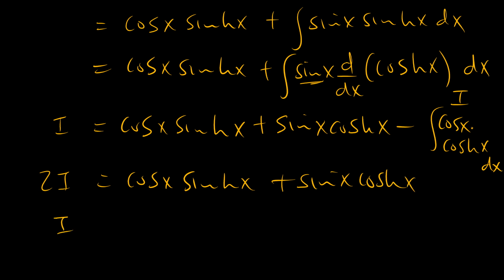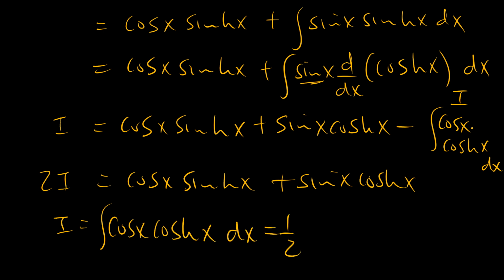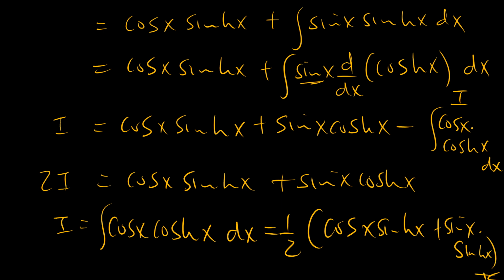Therefore I, the integral of cosine x cosh x, is equal to a half, dividing both sides by 2, of cos x sinh x plus sine x times cosh x plus the integration constant. Sorry, it's not sinh but cosh.